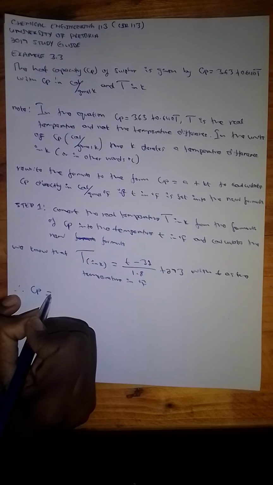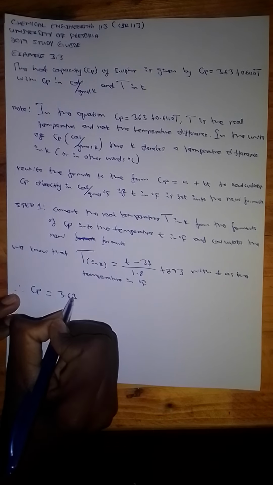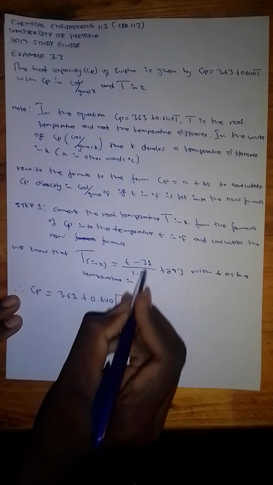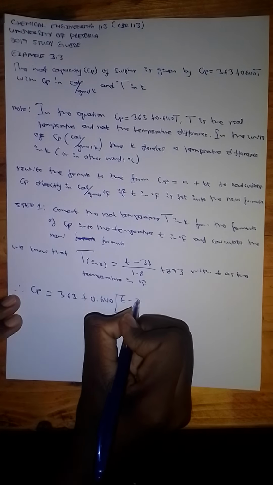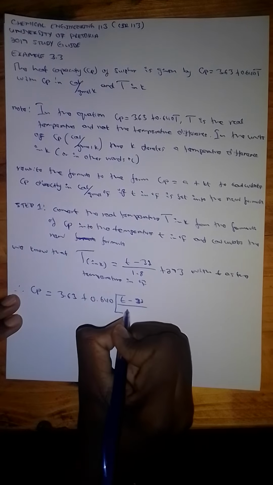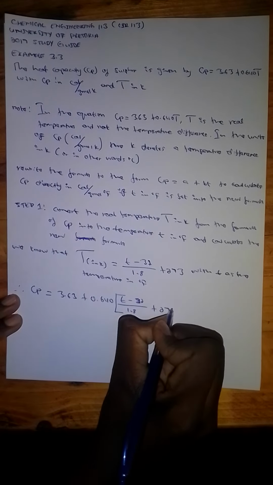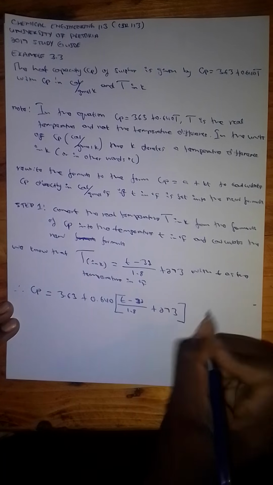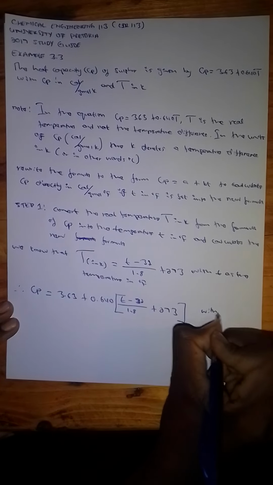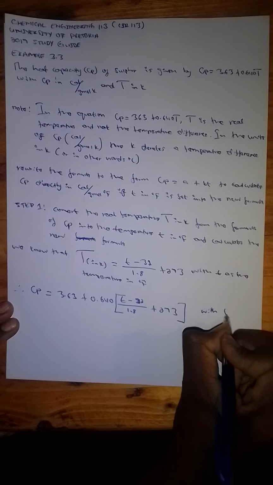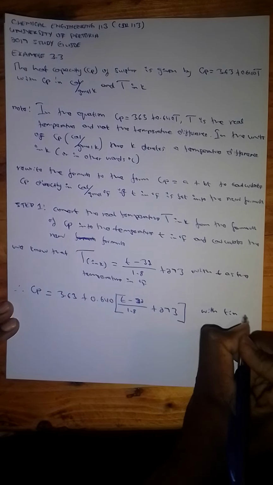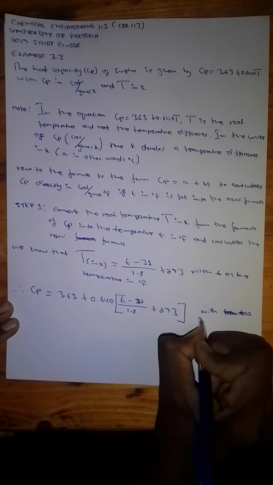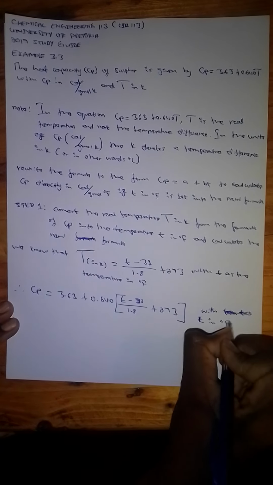So if we know that this T equals this, then we can easily say Cp equals 3.63 plus 0.640, and in the position of the T, we replace it with this: (t minus 32) all over 1.8 plus 273, right? With t in degrees Fahrenheit.